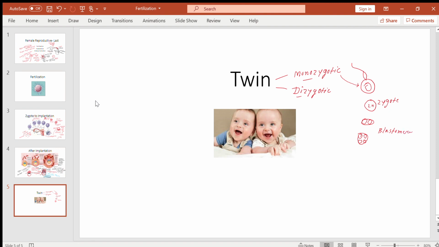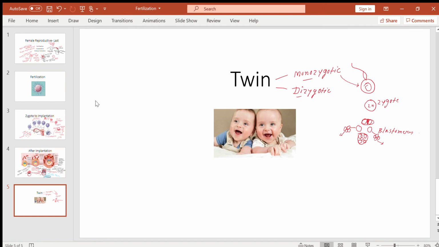During the mitosis or division, if for some reason these two cells get separated like this and this, they start to produce more cells separately. This one will form one embryo, this one will form another embryo, or it can get detached into two bodies even after implantation.